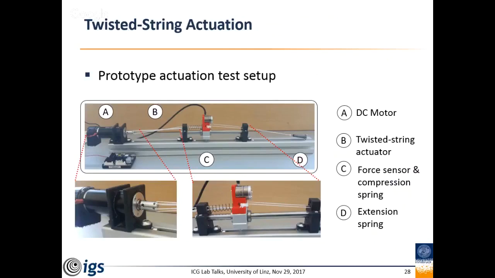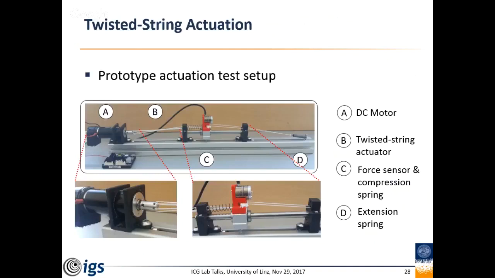By twisting the strings, you start pulling this, as it gets shorter due to the twisting. This generates forces, and this is the idea here that we have forces on this part. There's a spring here, so we start compressing this, you feel the spring, and these are forces that we generate with the augmentation, or with the actuation.